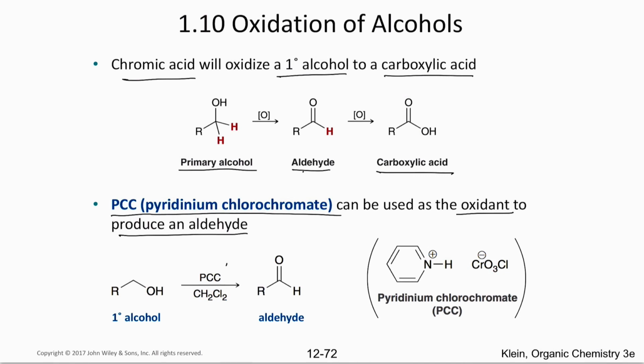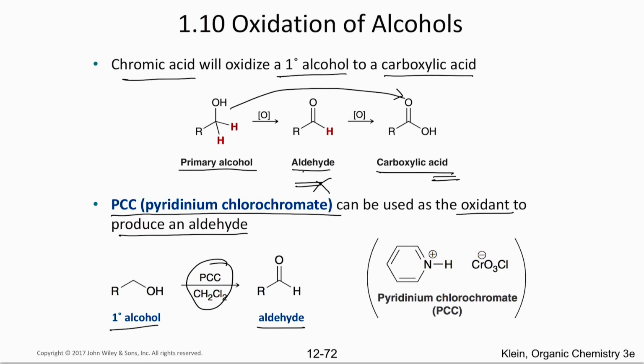In this reaction, it does not undergo further oxidation to form the carboxylic acid, but stops right here. But if you use chromic acid, it continues further to form carboxylic acid because there is no stopping point. But you can control it and form an aldehyde using a primary alcohol.